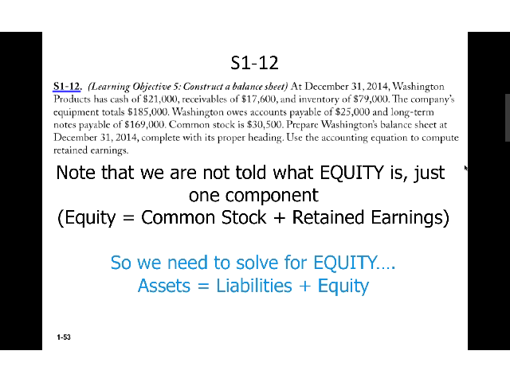So equity is common stock plus retained earnings. Okay, so I need to solve for equity to start with because my end goal here is to solve for retained earnings. I can solve for retained earnings if I have common stock and equity, but I don't know equity. So let's go with the accounting equation.